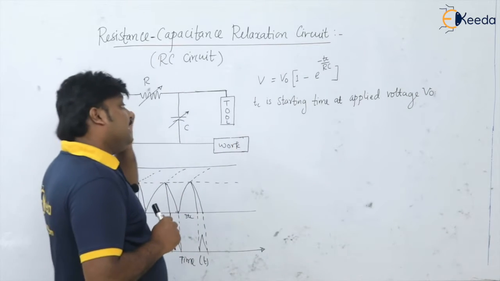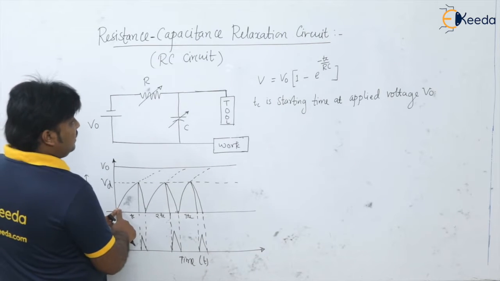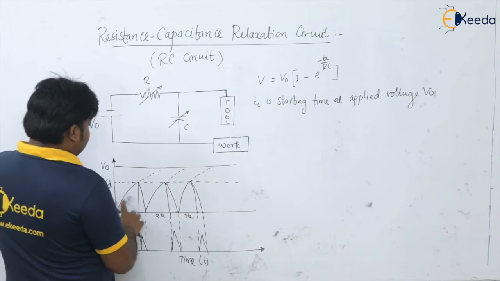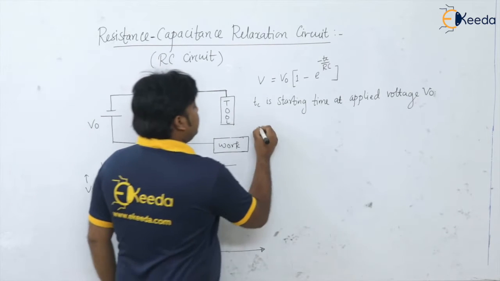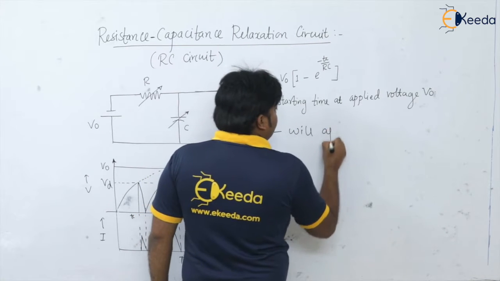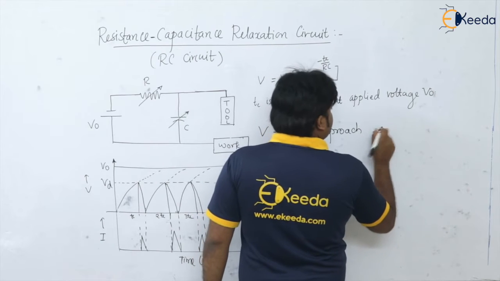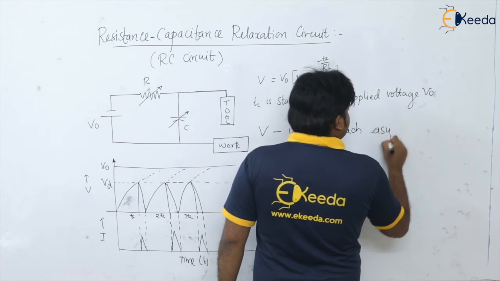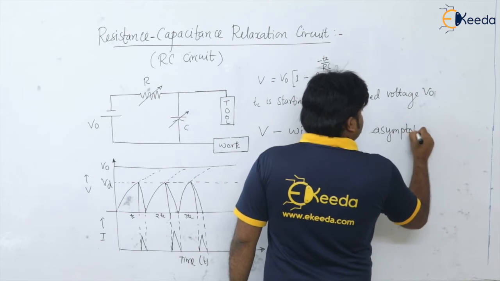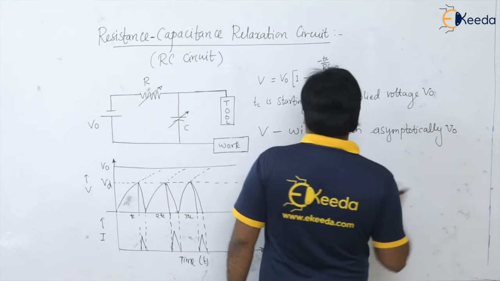Definitely, if you see this graph, this voltage V will approach asymptotically to what? VO.